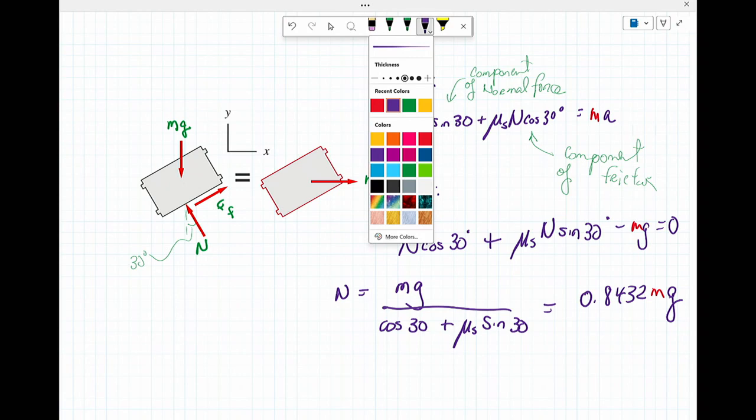So I can calculate the normal force. It's equal to 0.8432 mass times gravity.